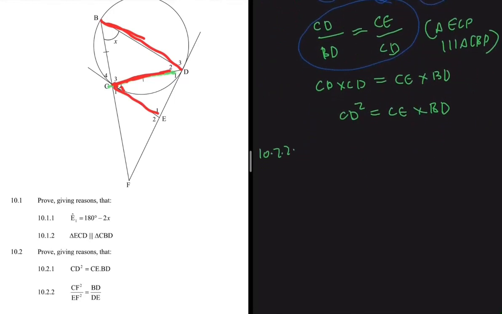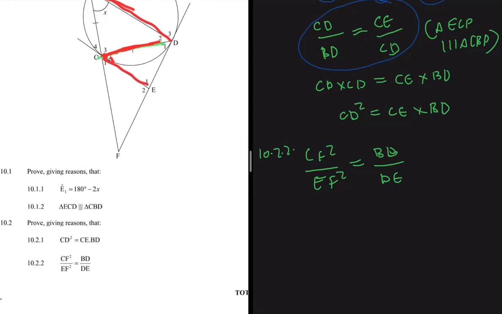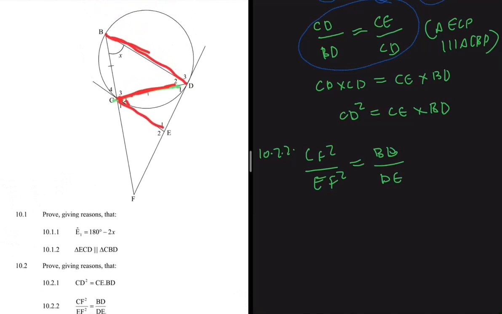In 10.2.2, we are required to prove that CF squared divided by EF squared is equal to BD divided by DE, right? Which is a bit complicated, but it's fine. CF is not in any of those triangles, so we cannot use those triangles to prove 10.2.2. We have to resort to something else, right?